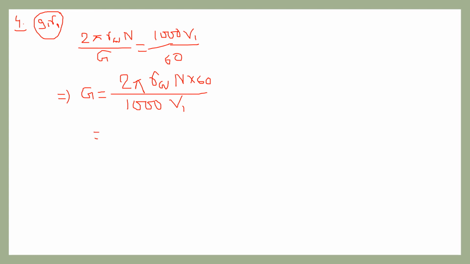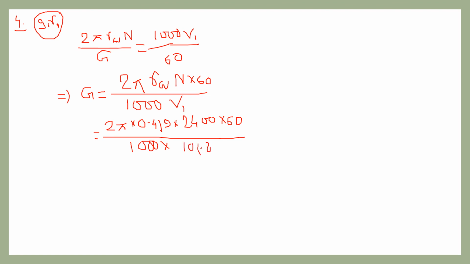Now put in all the values: r_w, the radius of the wheel, is 0.419, n is the engine speed, that is 2400, into 60, divided by 1000 into v1, which we got as 101.8 kilometer per hour.